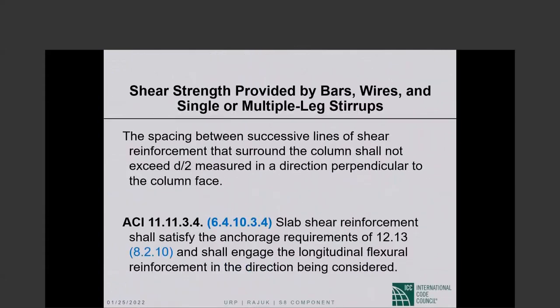Okay, the spacing between successive lines of shear reinforcement that surround the column shall not exceed d over 2, which is totally understandable. Then slab shear reinforcement shall satisfy the anchorage requirement. So like any shear reinforcement, whatever you use, the stirrups, whatever, they have to be developed.